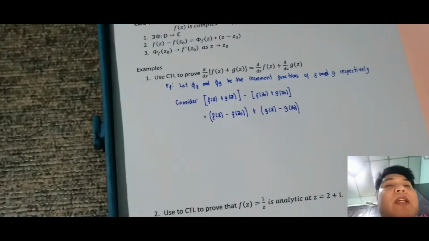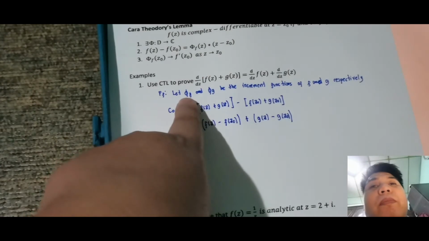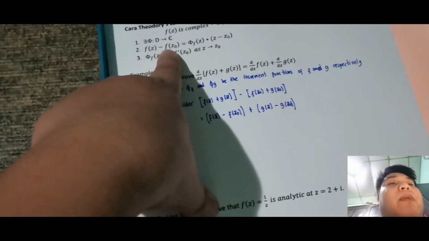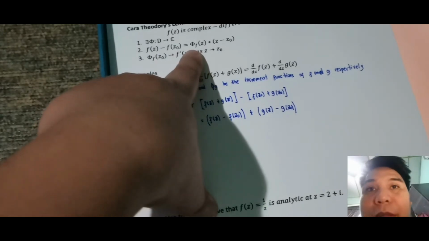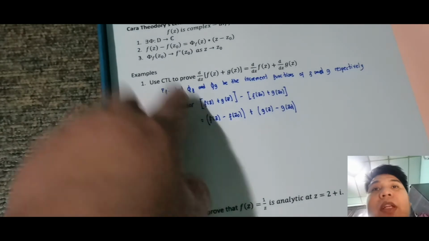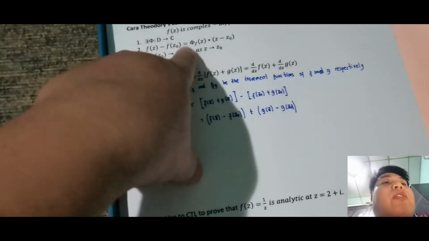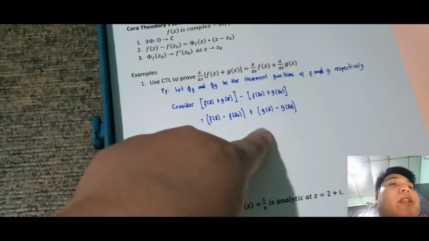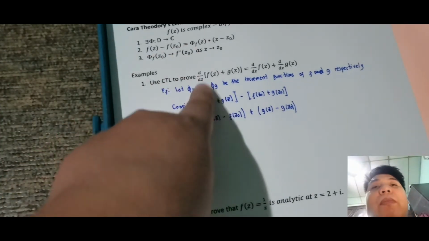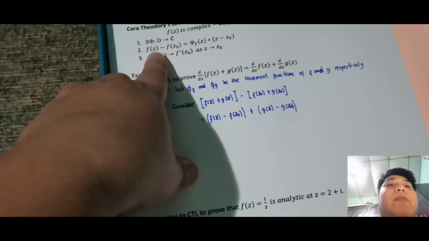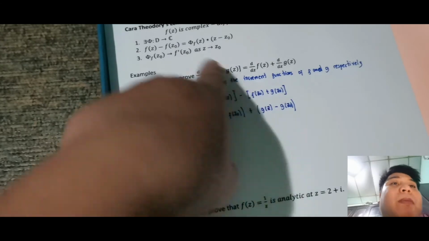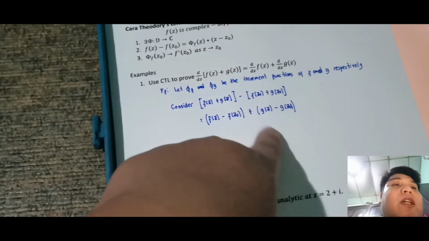Okay, so next, since p of f exists, and p of g exists, by definition, look, f of z minus f of z naught, that is p of f of z times z minus z naught. So meaning, this part is equivalent to that. I will just change this g to f. Okay, in that part, I will just make it g. Okay, so again, since its p function exists, I can apply this. The f of z minus f of z naught, you see that, becomes like that. Similar here, I will just replace the p of f with g.